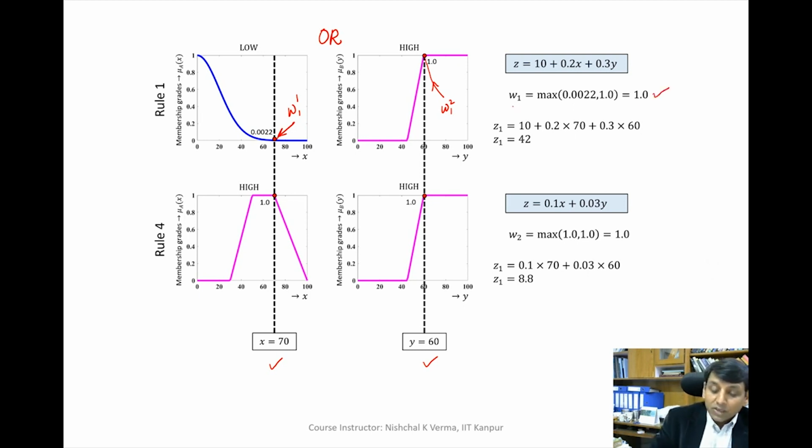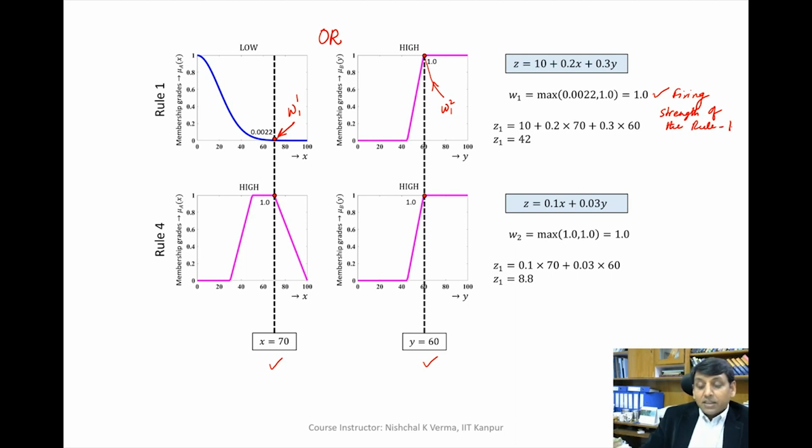So now we have the rule strength, the firing strength of the rule, W1, and similarly I can write here the firing strength of the rule 1.